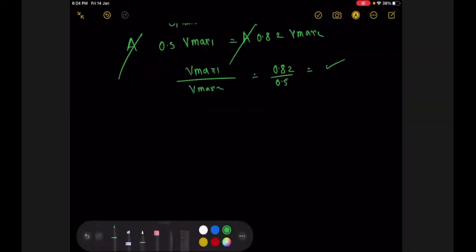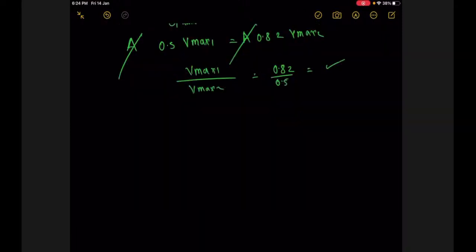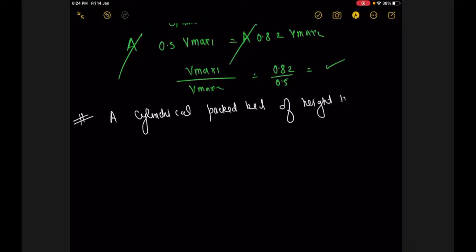Okay. Next, on incipient fluidization, GATE has asked so many questions. Okay. The question is: a cylindrical packed bed of height 1 meter is filled with equal sized spherical particles.